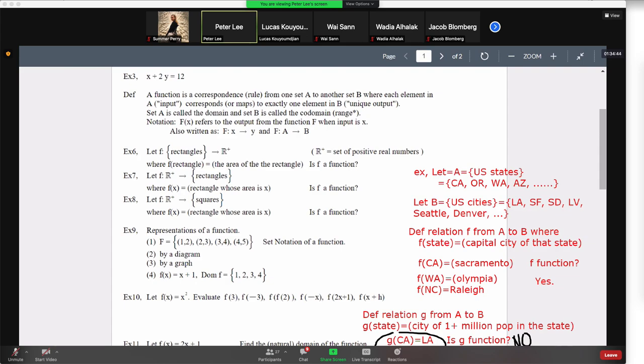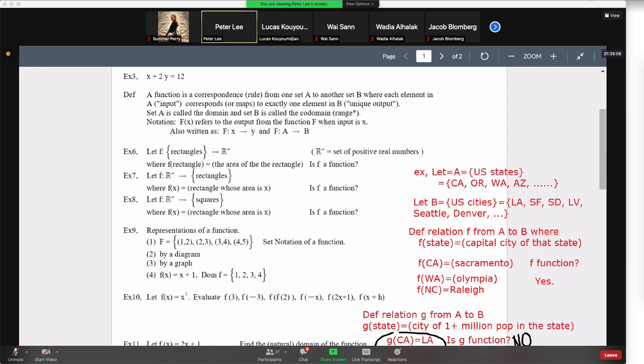There are many states with more than 1 million population cities. I'm sure that Texas has a couple, Dallas, Houston, and what else? There might be some others, but anyway.